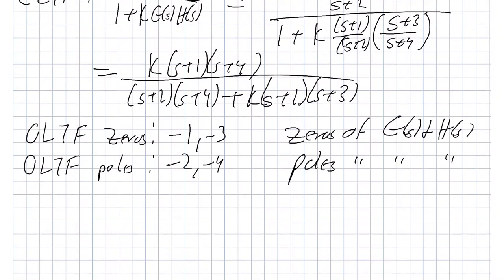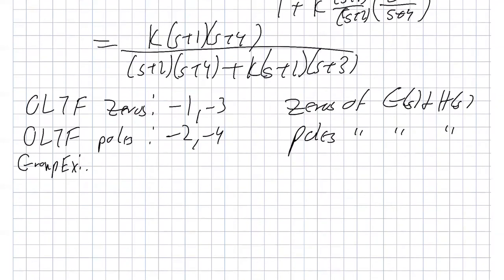Now, what I want you to figure out is a group exercise. You can talk on FaceTime or have a Zoom breakout meeting, or do it yourself. Either way, find the closed loop transfer function zeros and the closed loop transfer function poles.